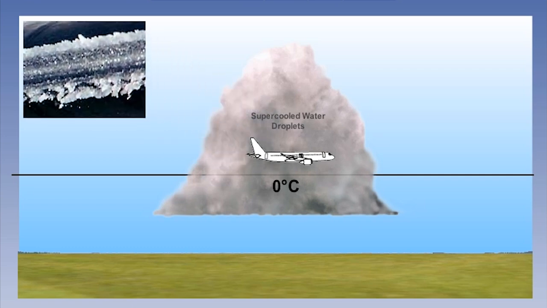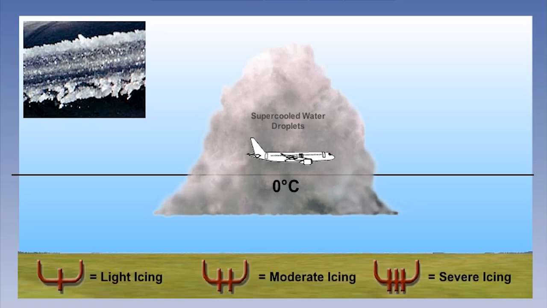It is the combination of significant quantities of water droplets and a temperature of 0 to -15 degrees centigrade that gives the icing risk. As operators of aircraft, we need to be aware of the potential for moderate to severe icing conditions in cumuliform cloud. The symbols for reporting icing are shown in the animation.